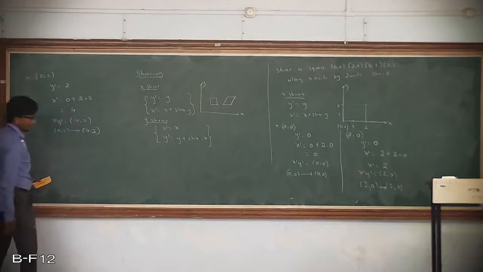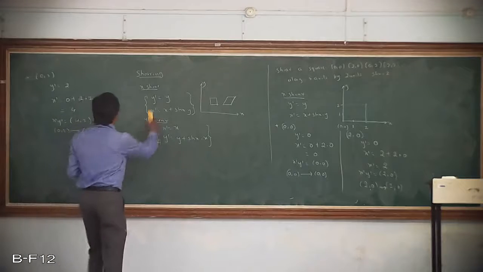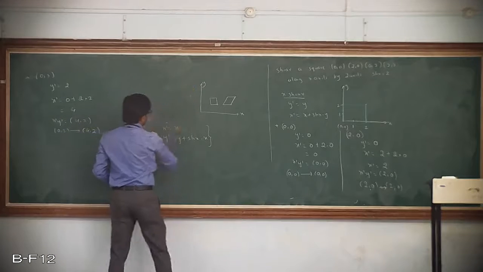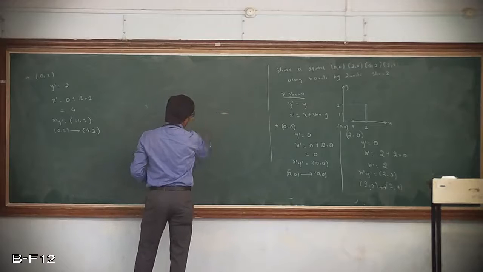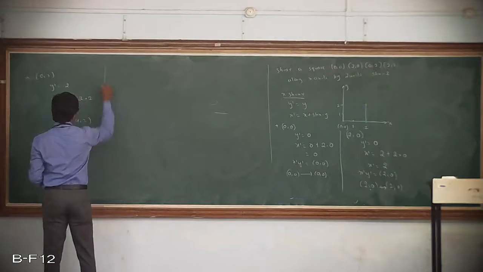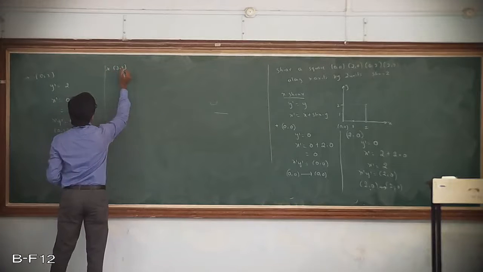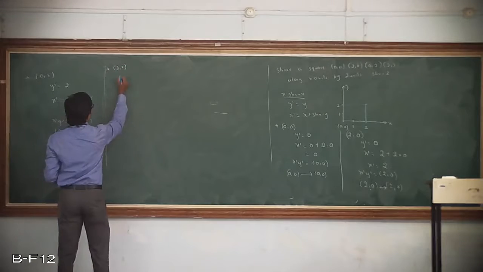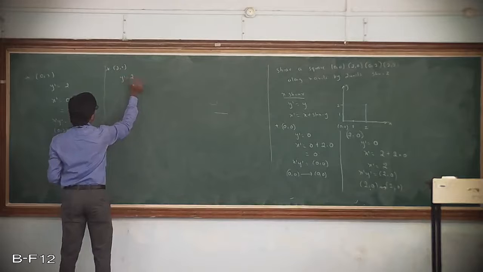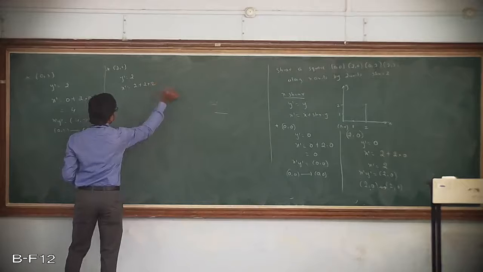So this is the shear which is happening. Next we'll go with the final point, that is 2, 2. Here y dash will be equal to 2, and x dash will be equal to 2 plus 2 into 2.